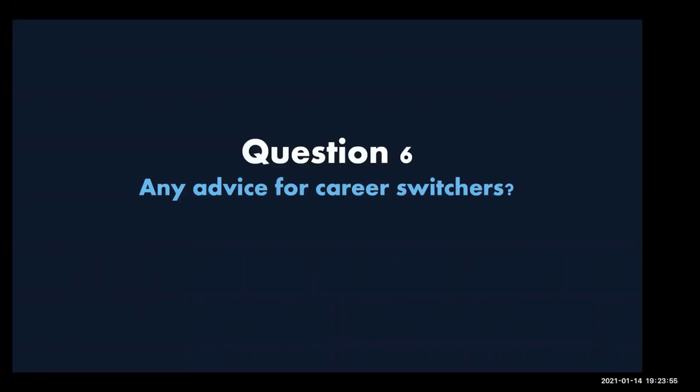The skill sets have a lot of overlap, so it's actually not that hard for a data scientist to switch to data engineering. Of course, there are a lot of new things you need to learn, and the focus of the job is different. But I've also seen data engineers changing career path, or software engineers who are more into AI and machine learning algorithms. So that's my advice here.